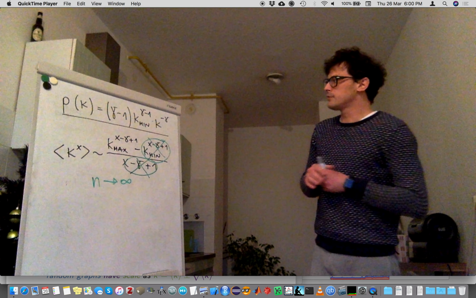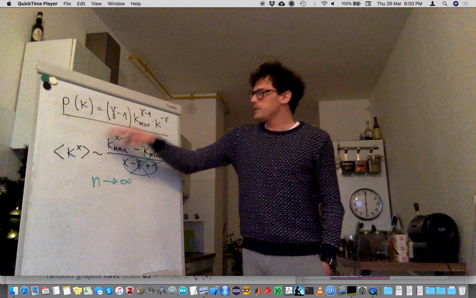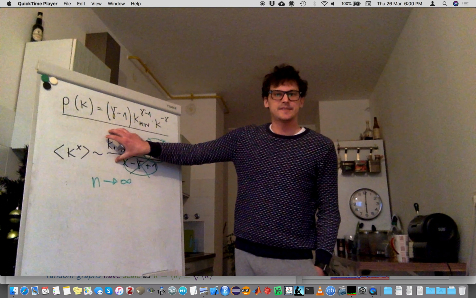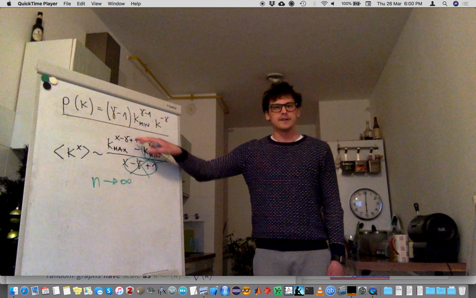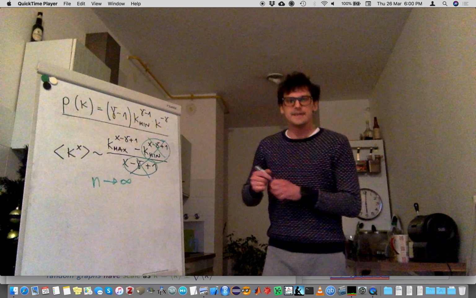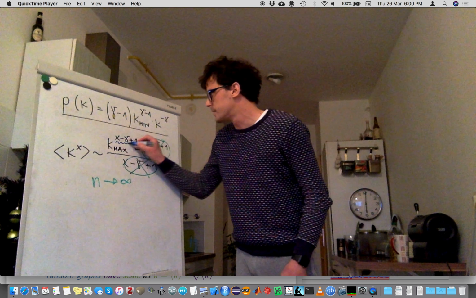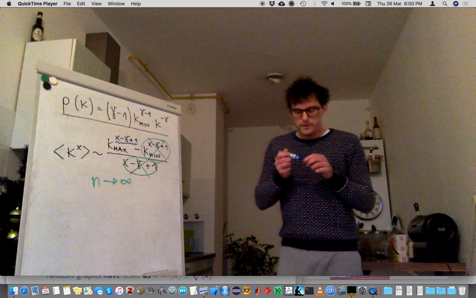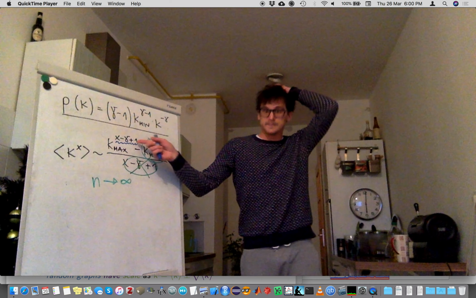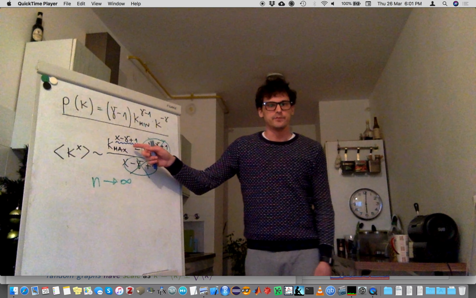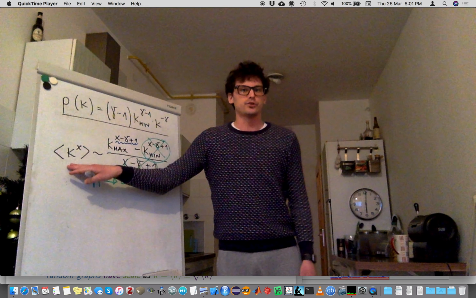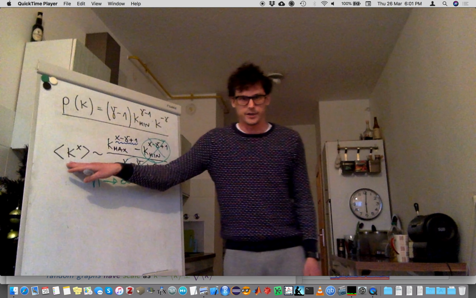Now, the important thing to notice here is that I have written this term upstairs, but it really depends whether this is actually upstairs or downstairs. It depends on this exponent here. So if this exponent is positive, then when n goes to infinity, k max goes to infinity and the entire term goes to infinity and the moment is diverging.